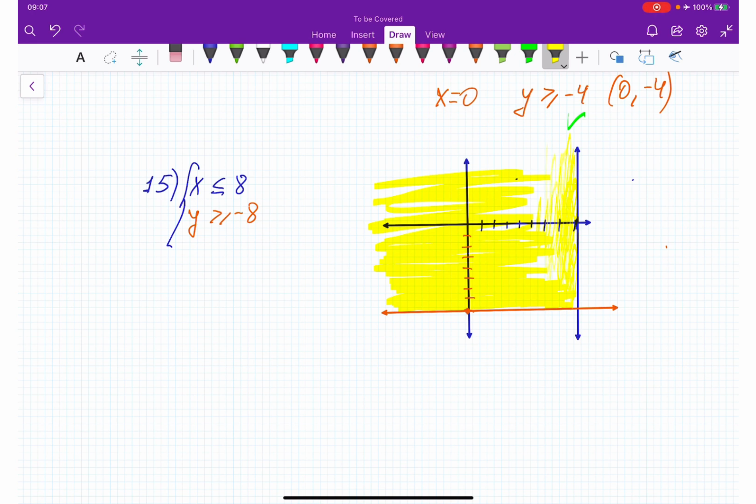Vertically doesn't shade it well. Okay, this way. And we are good. And this is going to be our solution, or entirely shaded area. Any number that's falling in the shading area, and obviously it will keep continuing as long as it's limited by both of them. This is 8, this is negative 8. We will have the solution.